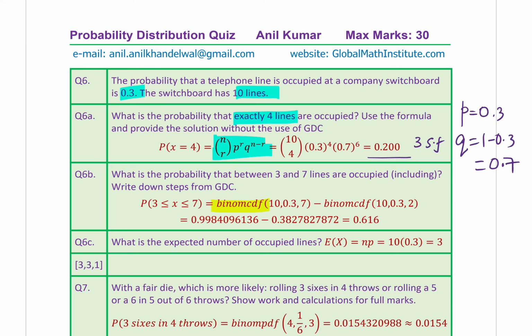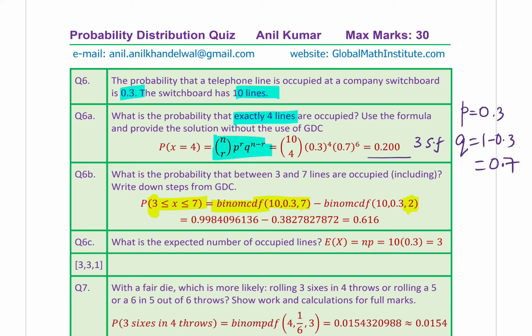We're looking for in between 3 and 7, both being included. So what we can find here is less than or equal to 7, take away less than or equal to 2, because we want to include 3. That is critical.